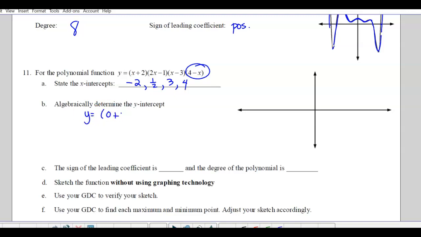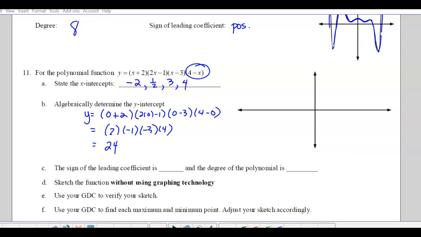That's when x is 0. Sign of the leading coefficient.